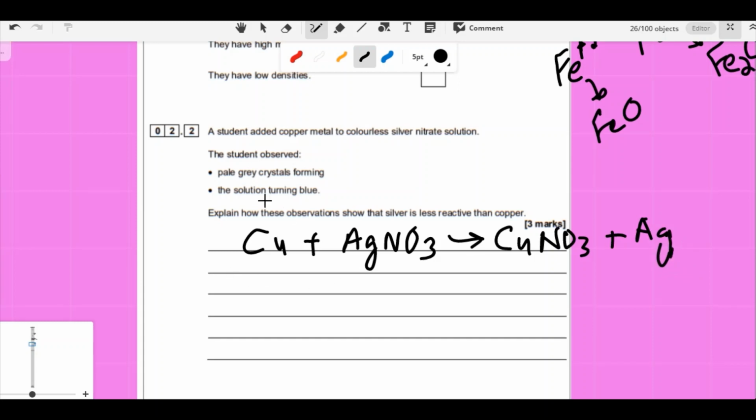Okay. Now, pale gray crystals form and the solution turns blue. Explain how these observations show that silver is less reactive than copper.